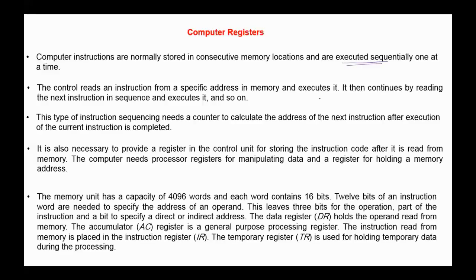This type of instruction sequencing needs a counter to calculate the address of the next instruction after execution of the current instruction is completed. And this counter is called the program counter. The program counter holds the address of the next instruction to be executed.